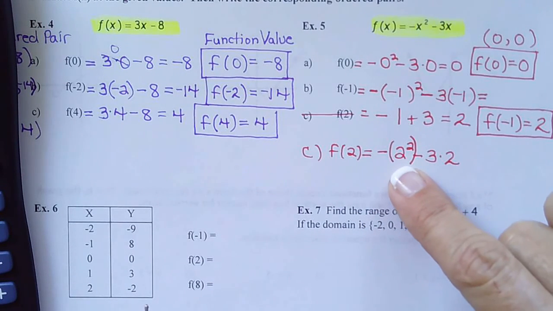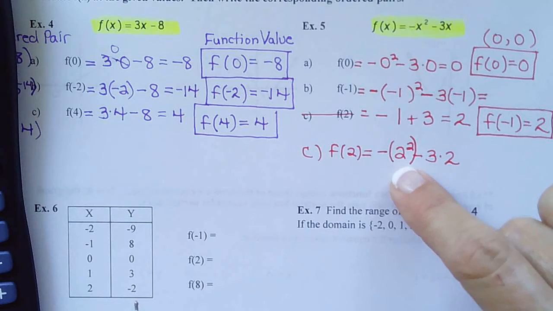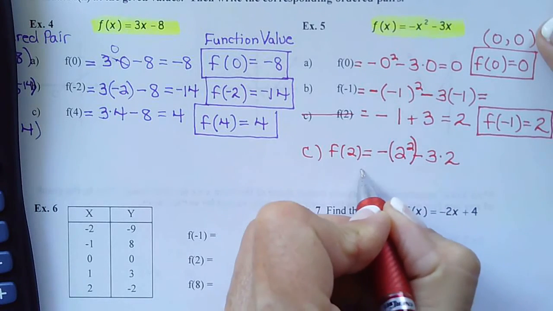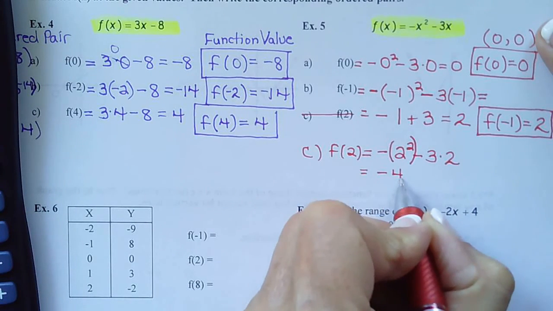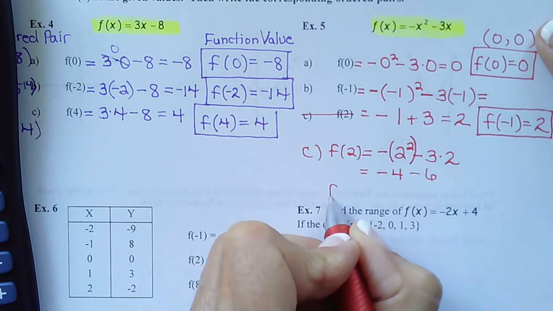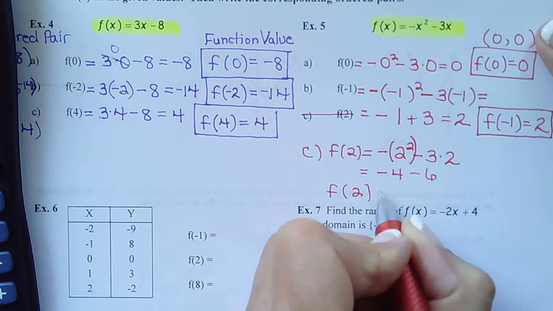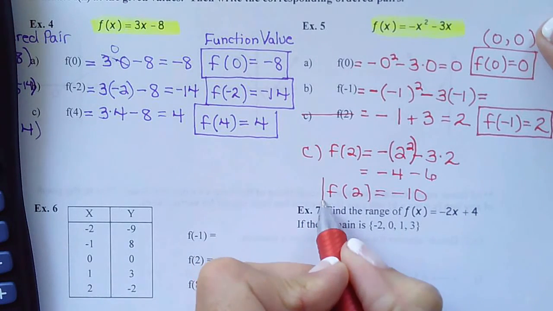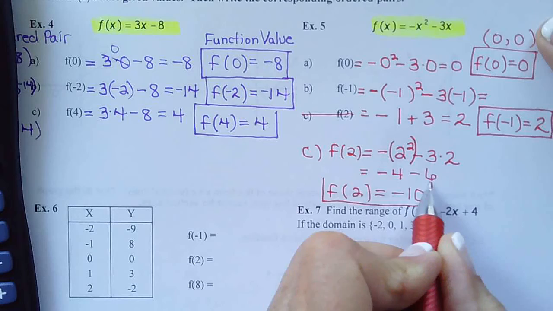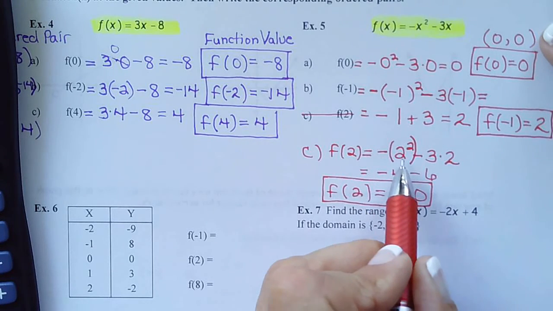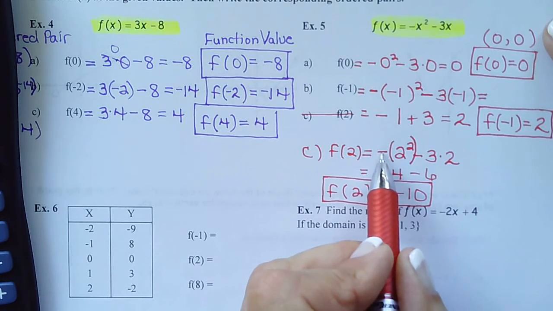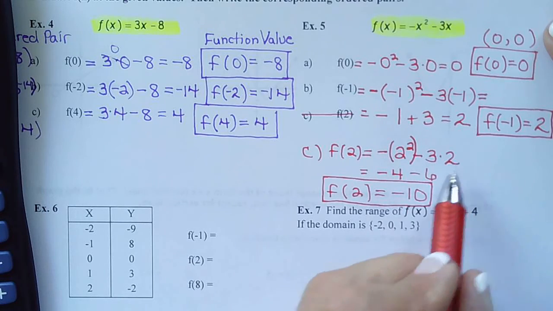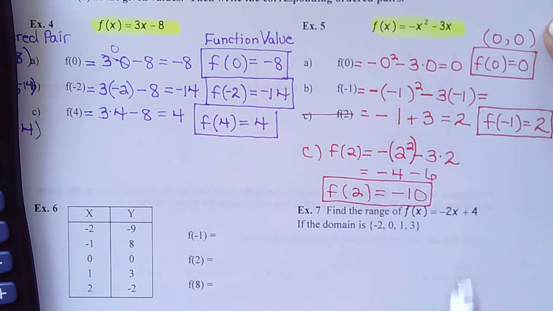So this is 2 times 2, 4, add the negative. So that would be negative 4 minus 6. So that means f of 2 is negative 10. So 2 times 2 is 4, make it negative. So negative 4 minus 6, negative 10.